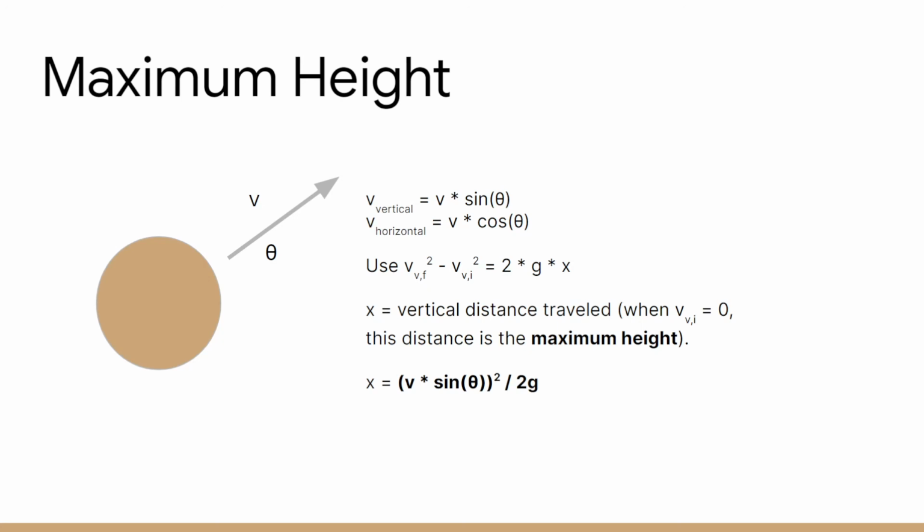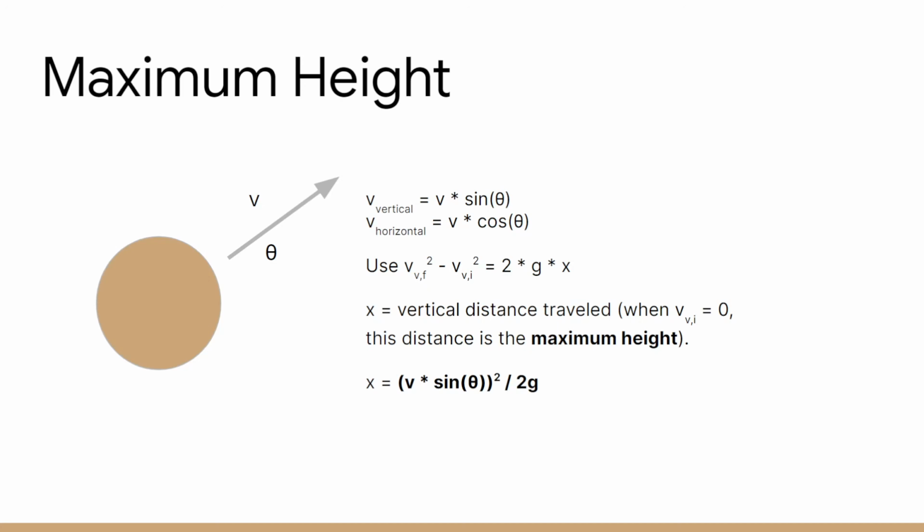So on the left side, we now have negative v squared sine squared theta is equal to negative 2gx. So with that formula, we can simply multiply both sides by negative 1, right? Cancel out that negative. And now we have v squared sine squared theta is equal to 2gx.